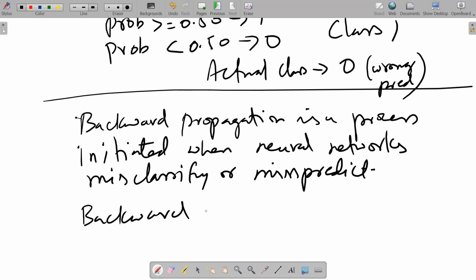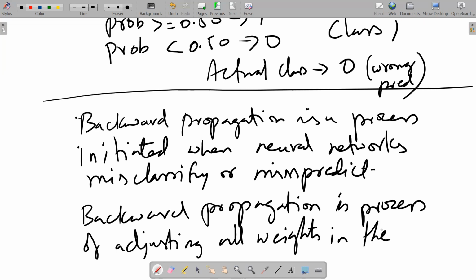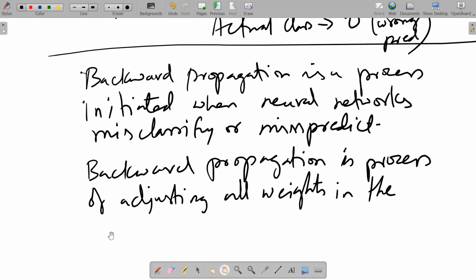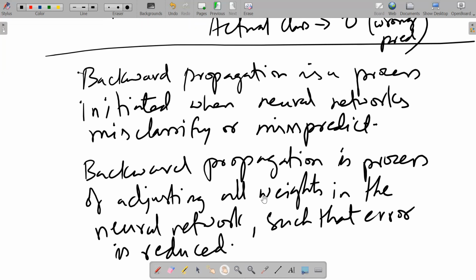Backward propagation is the process of adjusting all weights in the neural network such that the error is reduced.